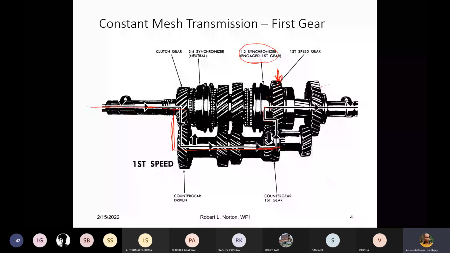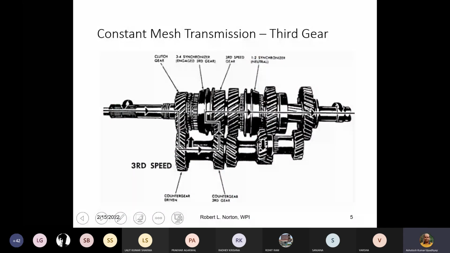So this is our first gear. Then definitely there will be the second gear, so this will be your second gear possibly. The third gear and the fourth gear will be, of course, what? The direct transmission. So this is our third speed here. It is shown. It is coming to the clutch gear, to the counter gear, and then this is our third gear. This is our first, second.